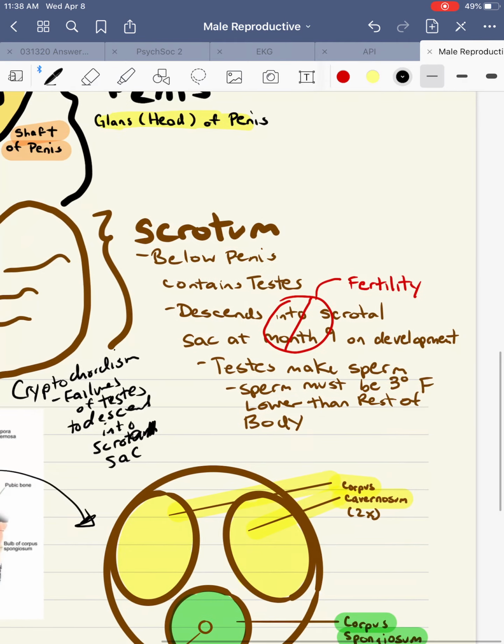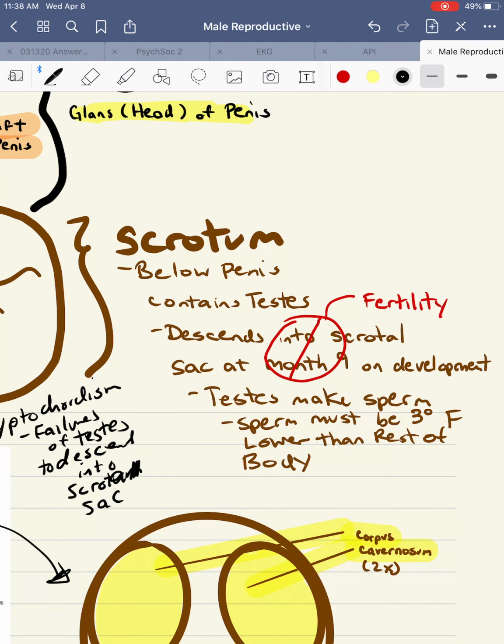I have it written down for you over here. The scrotum, again, is below the testes, and normally during development, the testes descend into the scrotal sac around month 9 of development.